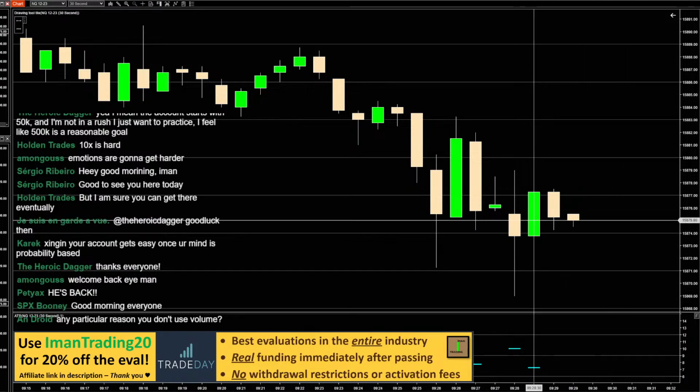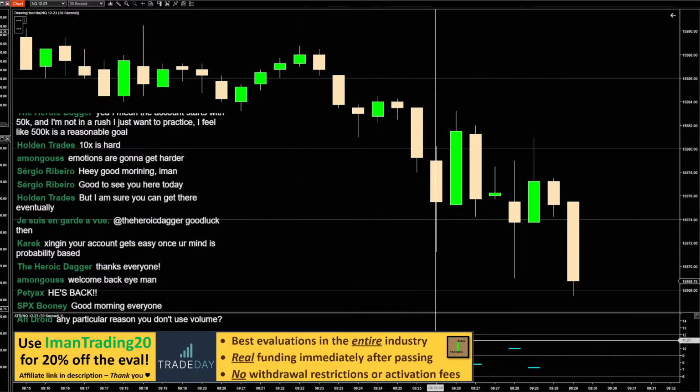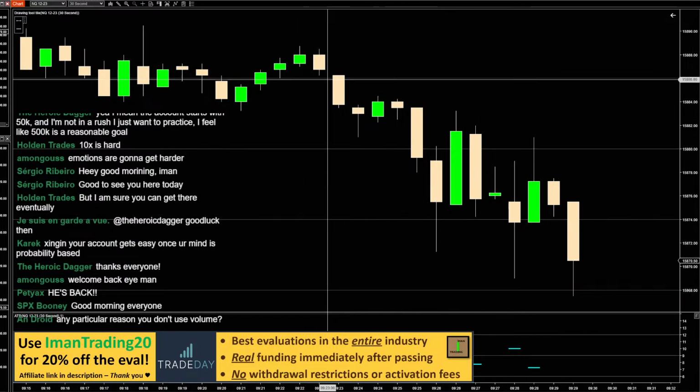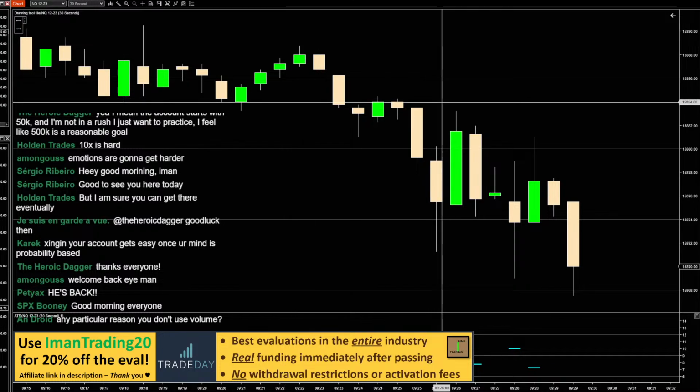Any particular reason you don't use volume? Yeah, because anyone can use whatever they want, but volume is the same every day. It's higher in the morning and it drops off and then it picks a little bit back up at the end. It's gonna have a big initial spike, go down a little bit, then go up most likely as we go through a low or high of day. Volume is an indicator.